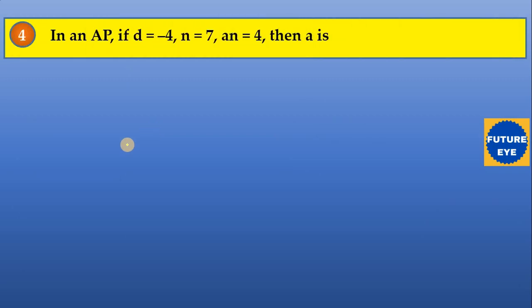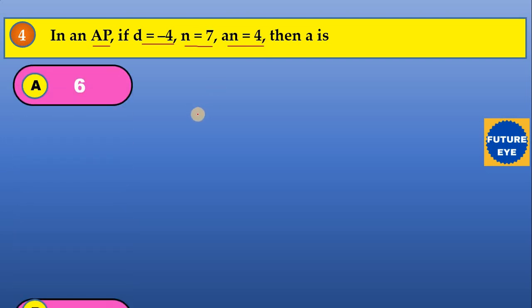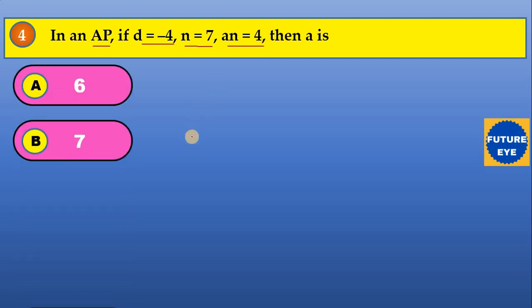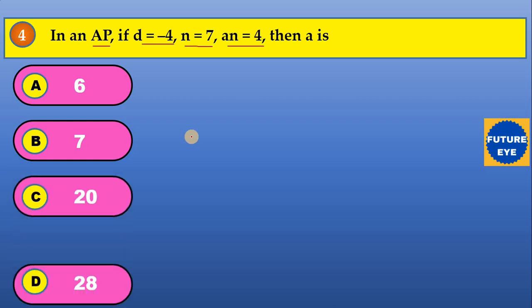Next, let us take another problem, children. In an AP, if d equals minus 4, n equals 7, an equals 4, then a is. Options are 6, 7, 20, 28.